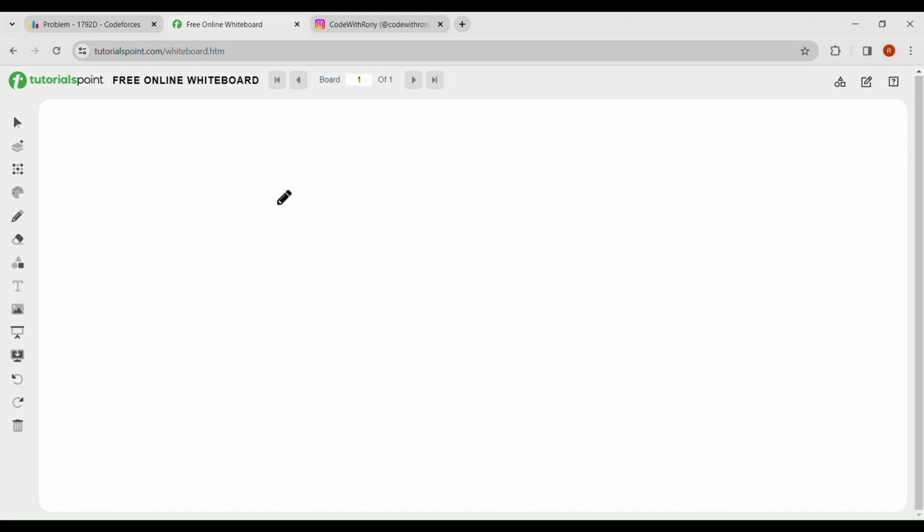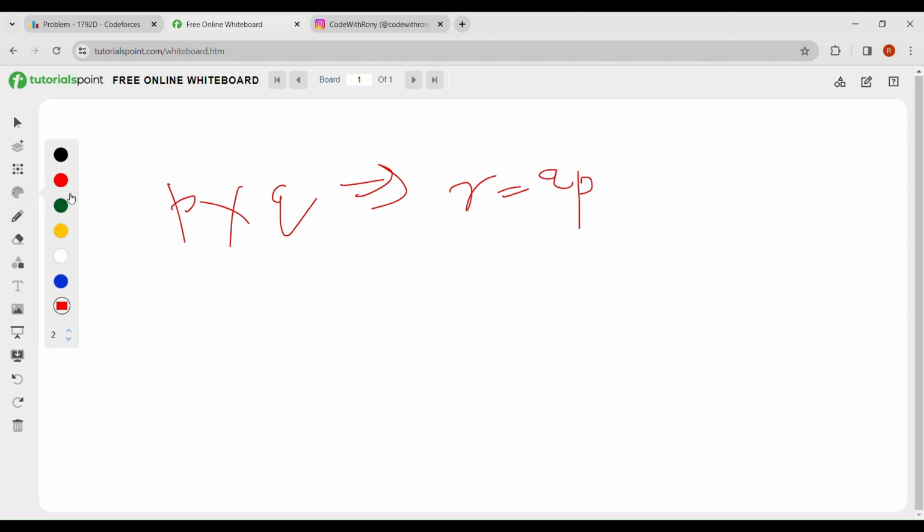First, p converted with q will be changed into r equals q of p_i. Remember, p_i is this one.